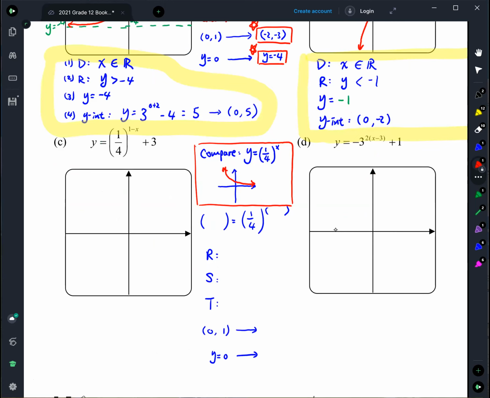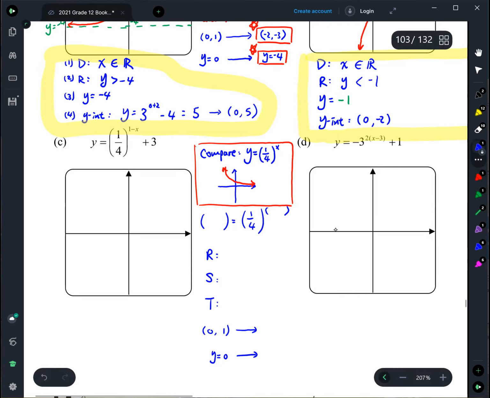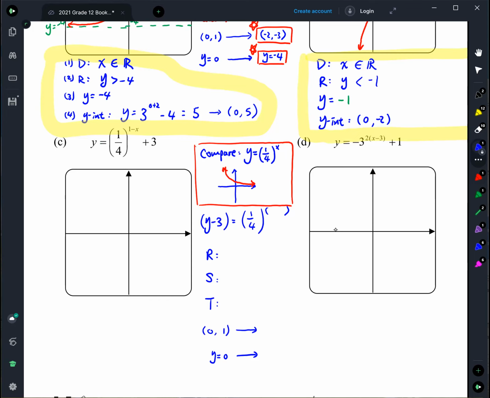So what will be on the y side, on the left side? Which ones are movable to the y side? Chris, what do you have on the left? -3. So what do I write? y equals y minus 3. Yeah, y minus 3. Do you have any change on the x part?